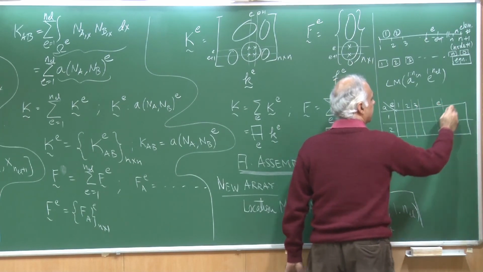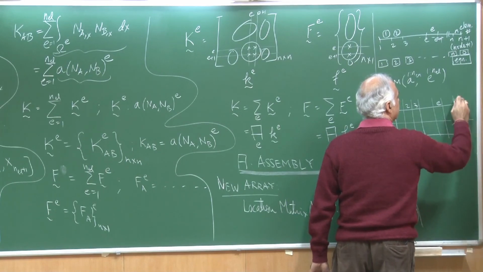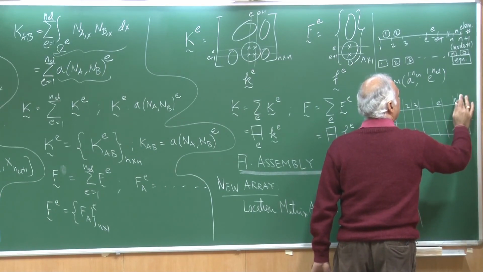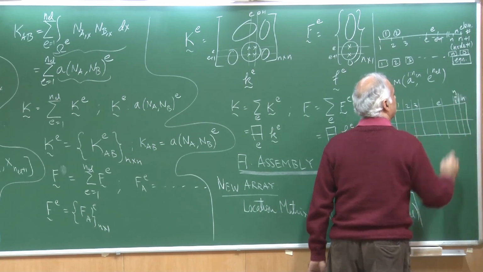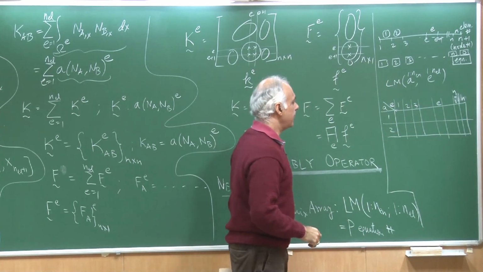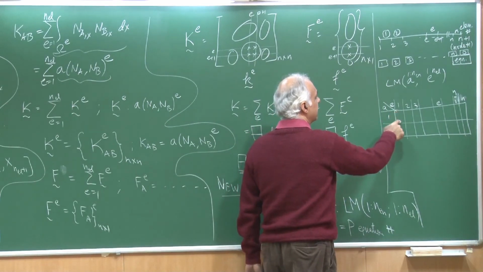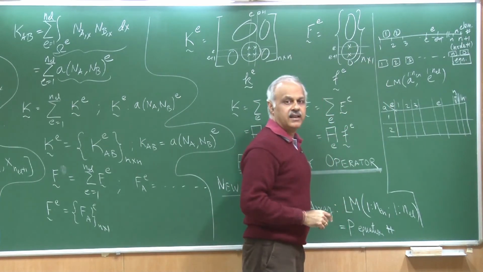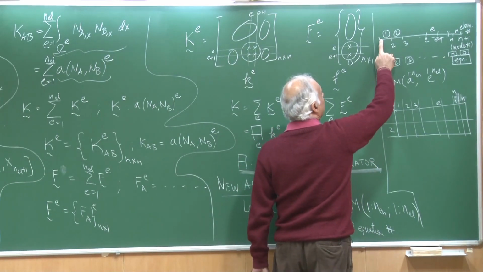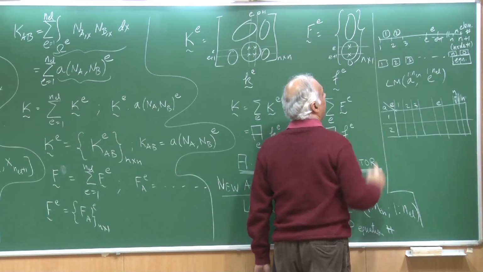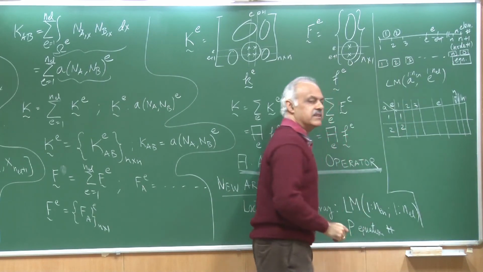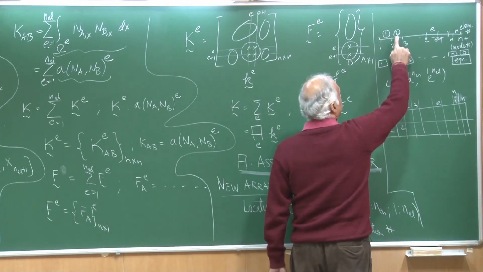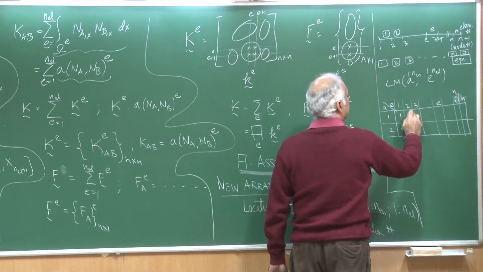I will write this for E, and then I will write two more, which are N minus 1 and N. The LM array for the first element: it consists of two nodes, local node 1, local node 2, and it has the equation numbers 1 and 2. Likewise, for element 2, I put these two equation numbers as 2, 3.